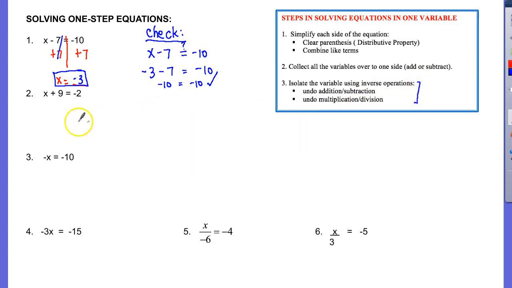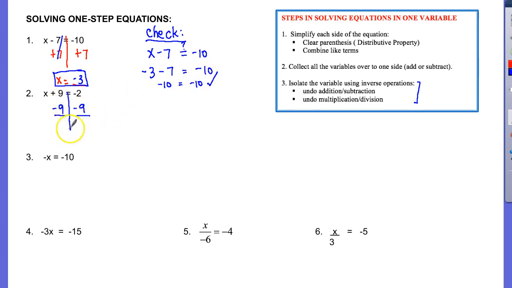Okay, so let's see. This is x plus 9 equals negative 2. Right now, x is not by itself. 9 is on the same side. So you have to get rid of that 9. To get rid of that 9, you will do inverse operation. You're adding 9. To undo that, you will subtract 9 from both sides.